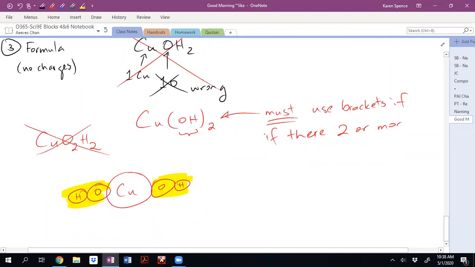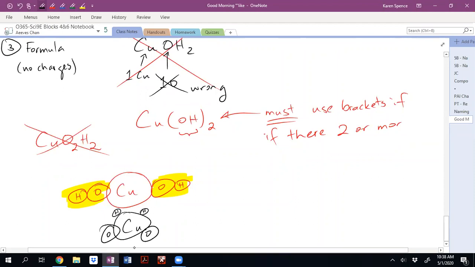But if you had CuO2H2, it could be that you had a copper and you had an oxygen, and then over here somewhere else you have a hydrogen, and the oxygen and the hydrogen wouldn't necessarily be with each other.